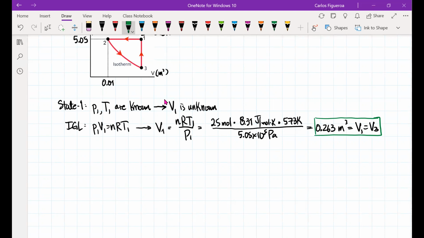So if I now look at state 2, what do I know? I know the pressure, and I know that the volume is known.